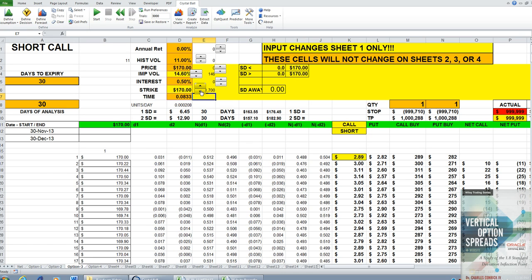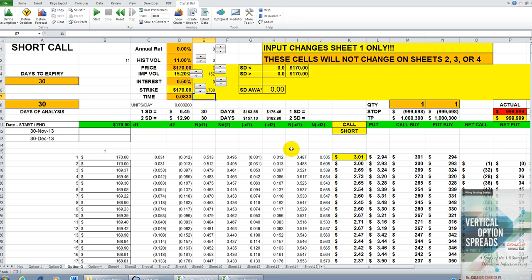Let me give you a better explanation real quick. Let's go to 170. This will make this very clear, and we'll set this even to $3. Okay, so there's $3. Now, since I'm selling an at-the-money call, the most I can make would be the $300. The reason being is that when I short a call, I've got an obligation to sell at 170.